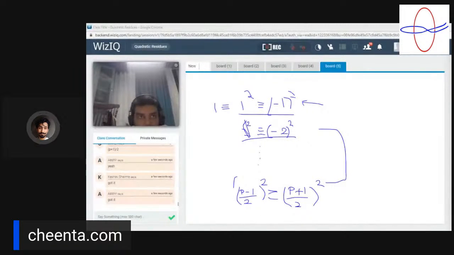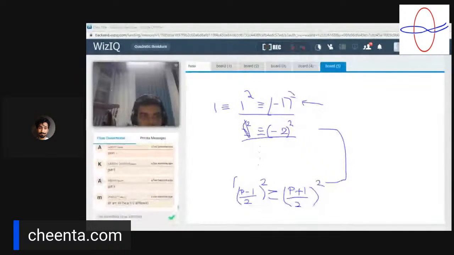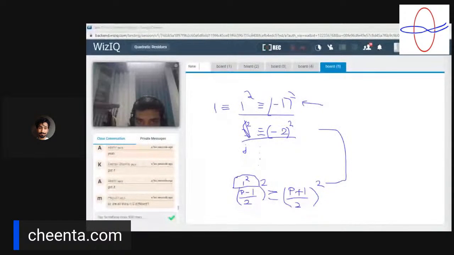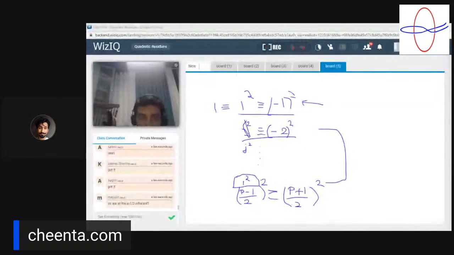Right. Now, all the (p-1)/2 values have to be different, because let's say two of these are the same. So let's say some i square here and j square here are the same. So i square is congruent to j square mod p.